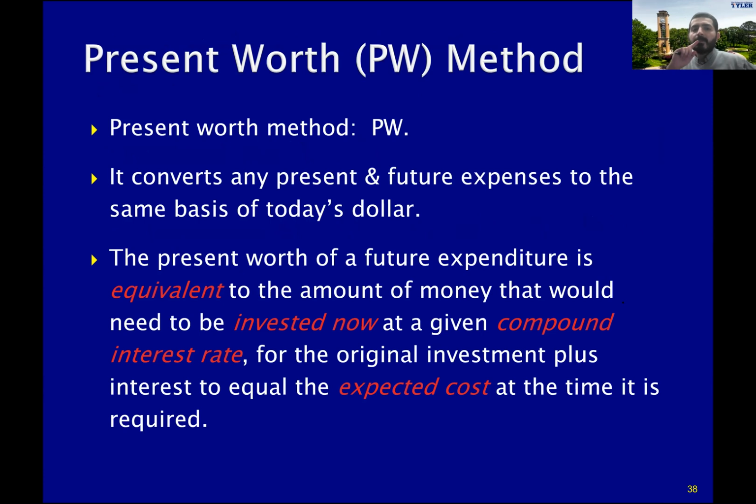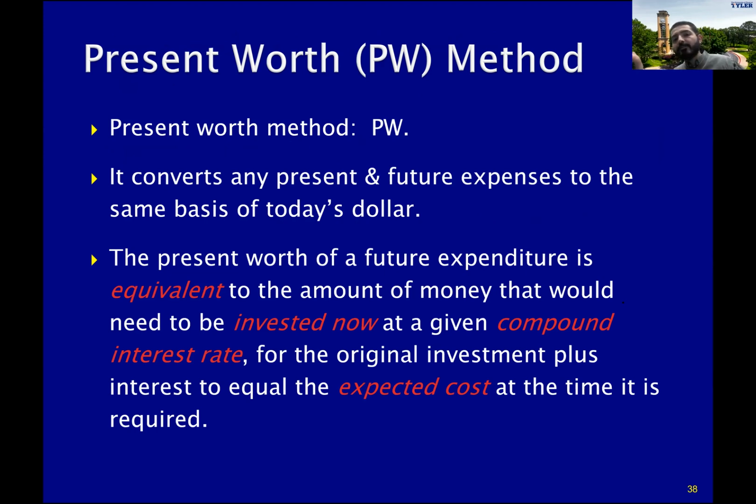The first one, the present worth method, as you could imagine, is where we're trying to convert any present as well as future expenses to the same basis of today's dollar. So if I know I'm going to pay $100,000 in 5 years, I need to bring that back to how much that is equivalent to in today's dollar.